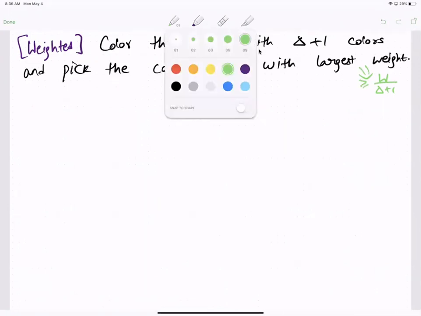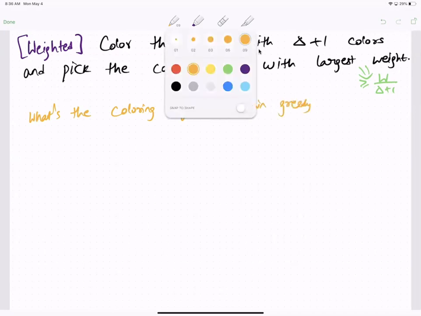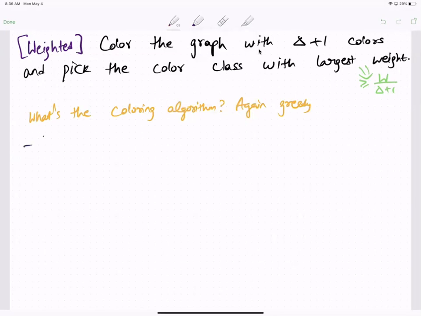So what's the coloring algorithm? It's again greedy. What we do is pick a vertex V with degree less than or equal to delta.